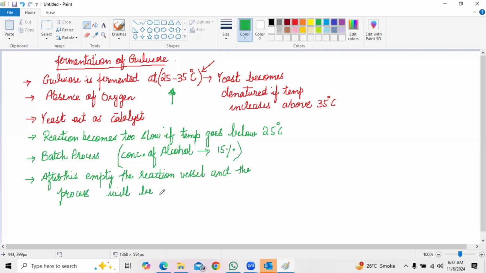So the maximum concentration that can be achieved is up to 15% only. I hope this process is clear to you.